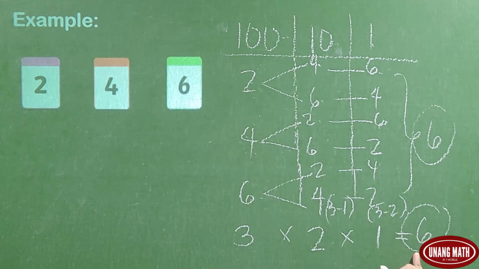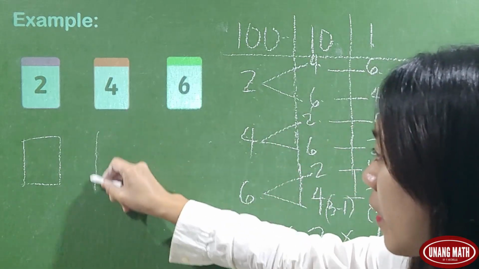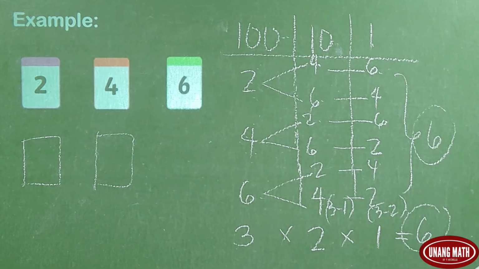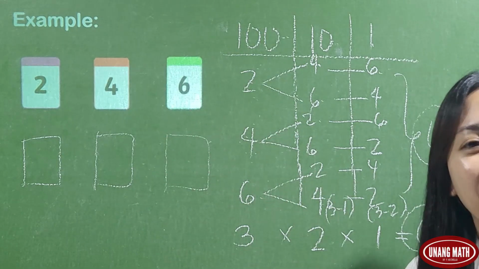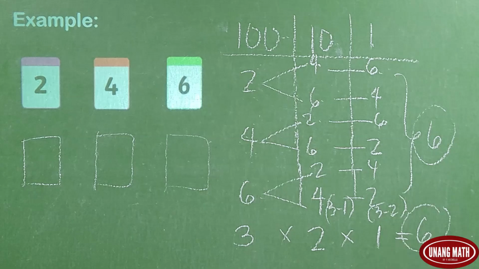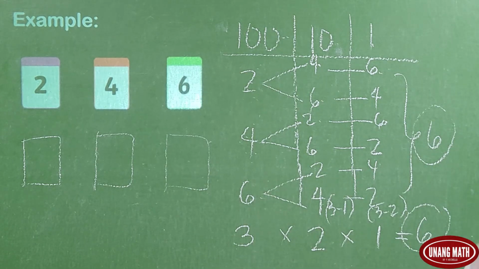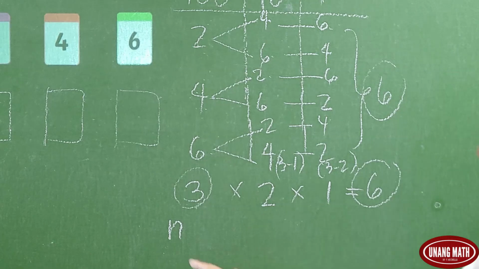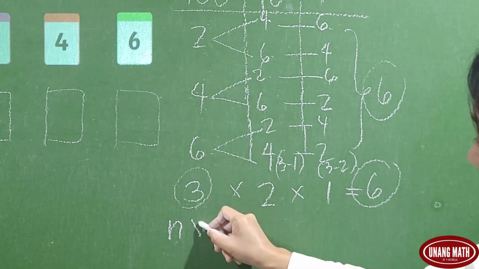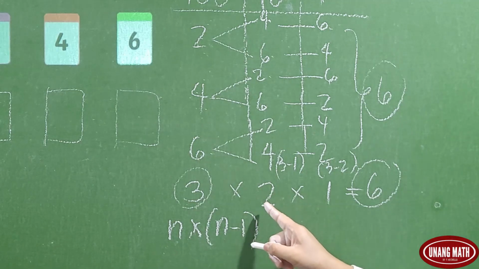How about if we have 4 number cards, 5 number cards, 6 number cards, 7 number cards, and so on? How are we going to find all the possible outcomes? The easier way is, let's represent this number as n. So, n times n minus 1. Why n minus 1?